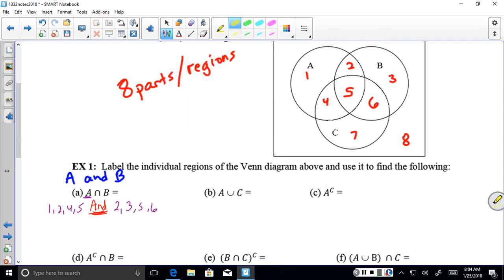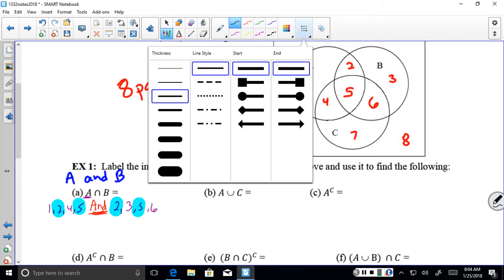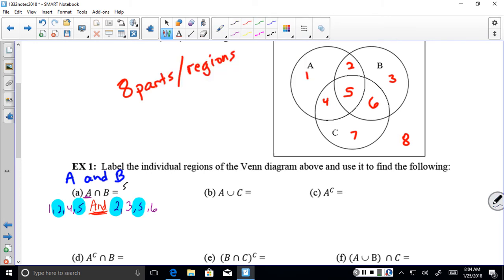And then the and part is very strict. It has to be on the left side and the right side to count it. And the only things that are on both sides are the 2 and the 5. And so this whole thing is going to equal the set containing 2, 5. So it's just a methodical way to think it out if you're having trouble visualizing it.